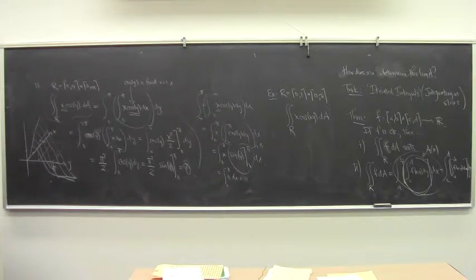So I vary y first, and so I get the integral of cosine, which is just regular sine, and then x goes away.